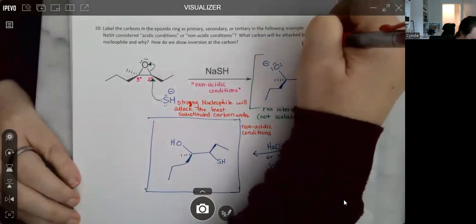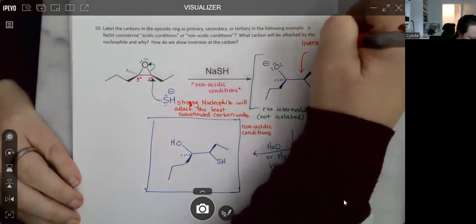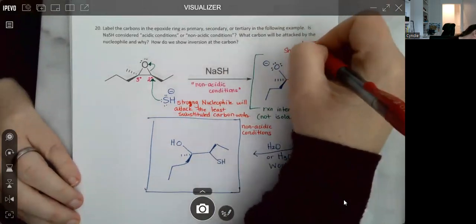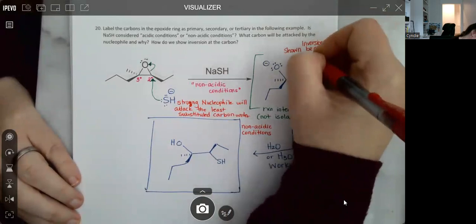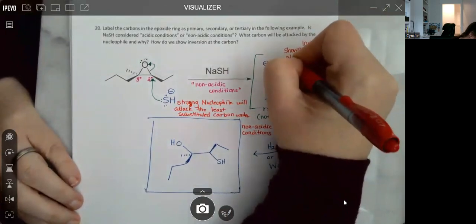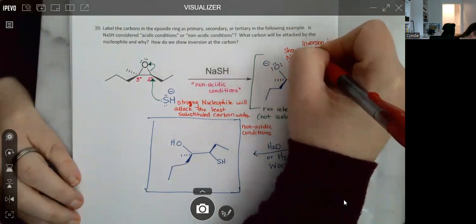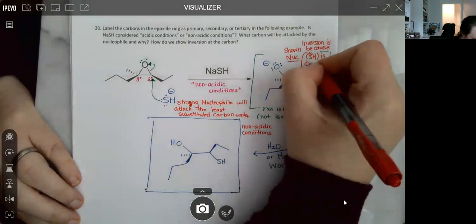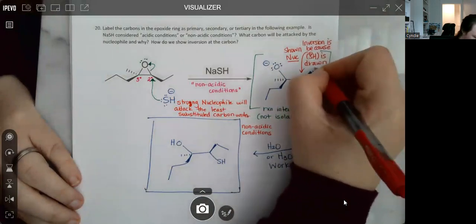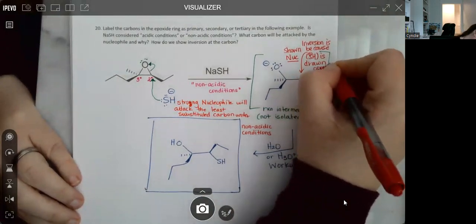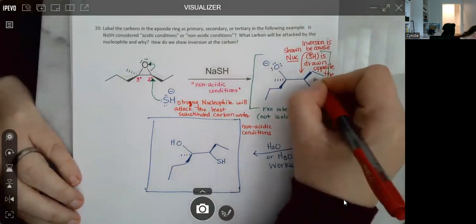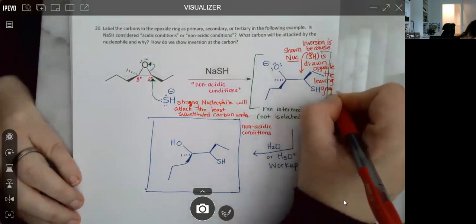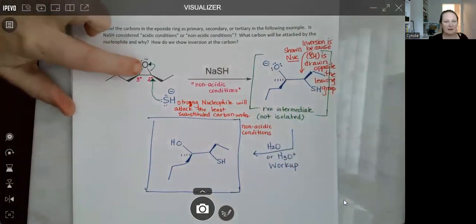So inversion is shown because the nucleophile, which is SH minus, right, is drawn opposite the leaving group, right, which is this oxygen.